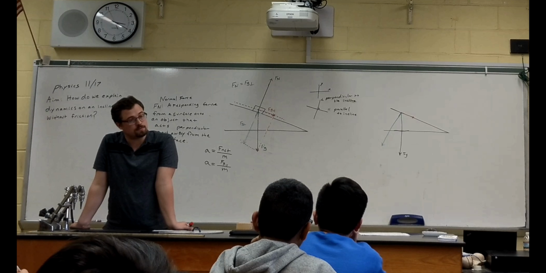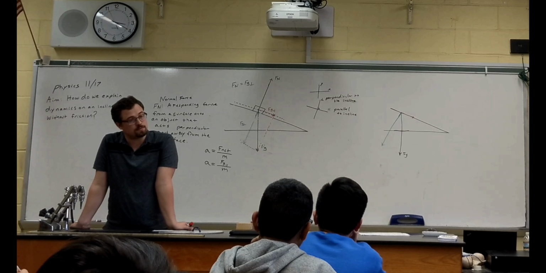So what we want to do is set up a geometric relationship between the angle of the incline and these forces that allows us to come up with an equation to calculate these two parts, right? So I'll call this angle down here theta. I'm going to call this angle up here a weird angle called phi. I'm going to call that angle x.